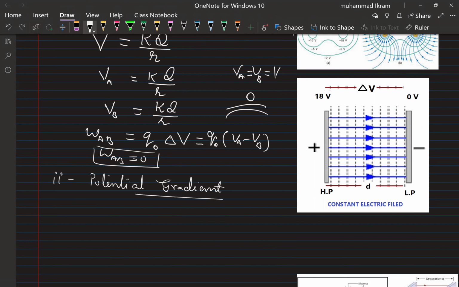What is a potential gradient? In fact, the potential gradient can be defined as the rate of change of electric potential with respect to displacement.